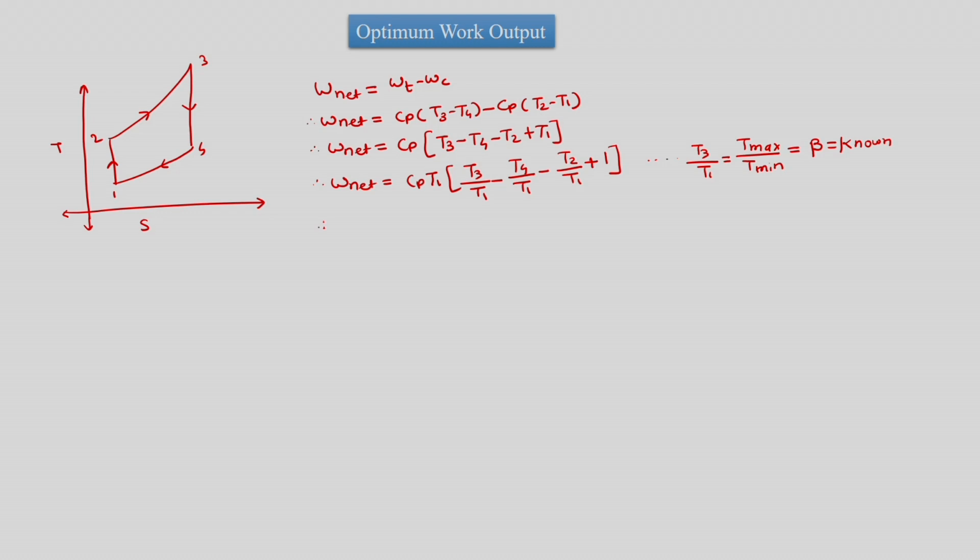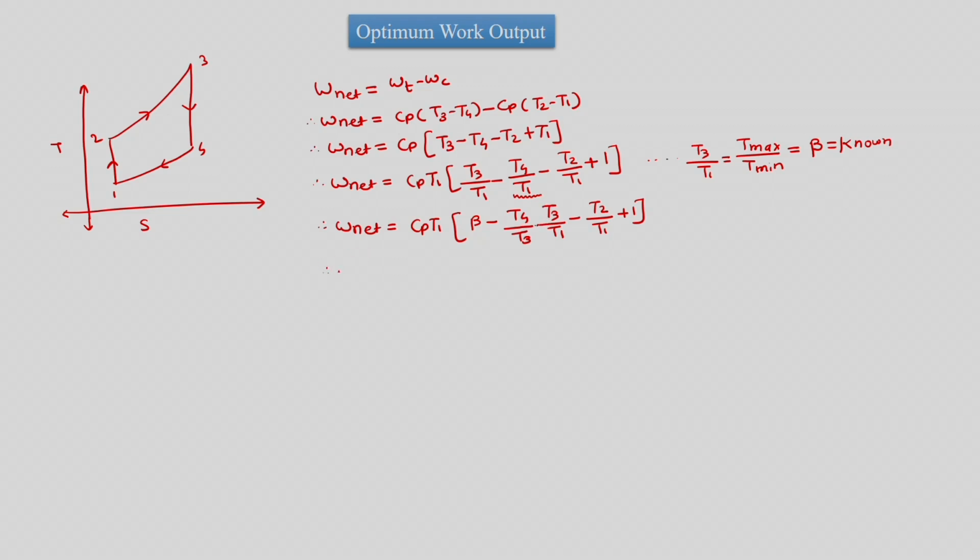From this we can write W net is equal to Cp T1 into beta minus T4 by T3 into T3 by T1 minus T2 by T1 plus 1. We replaced the term T4 by T1 as T4 by T3 into T3 by T1.